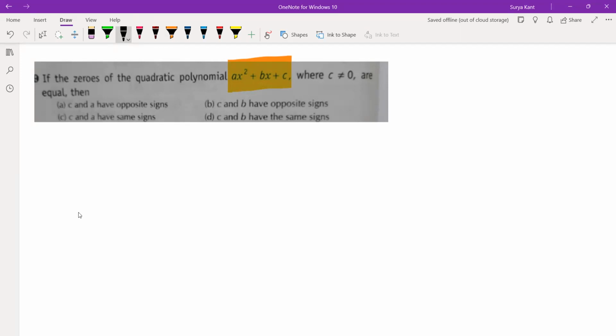Is equal to 0, right? Oh, yes, sir. It means b square minus 4ac is equal to 0. So C and A have opposite sign.